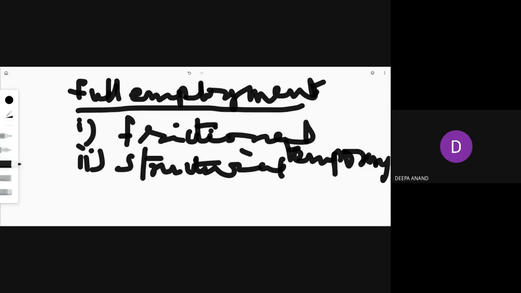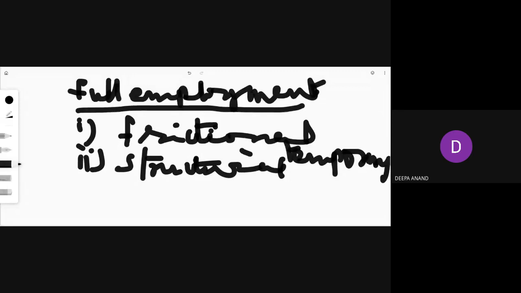That period is also temporary, maybe 3 months, maybe 1 year. For the time being, he is said to be frictionally unemployed. He will definitely get a job because he has the proper skill, experience and knowledge. That is a time-being problem, actually known as frictional.